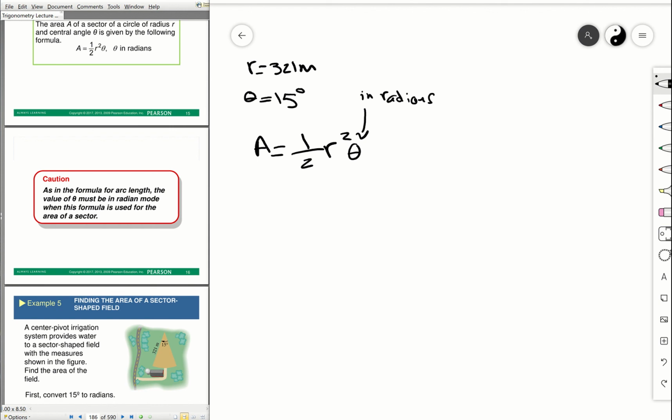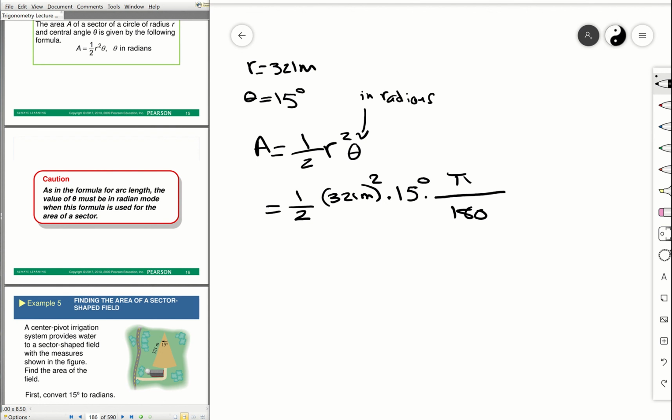Now in our case it's not in radians, but we'll take care of that right away. So we get 1/2 times 321 meters squared, times theta, which is 15 degrees. If we turn that into radians right away, we need to multiply by pi over 180. So that's all there is to it.